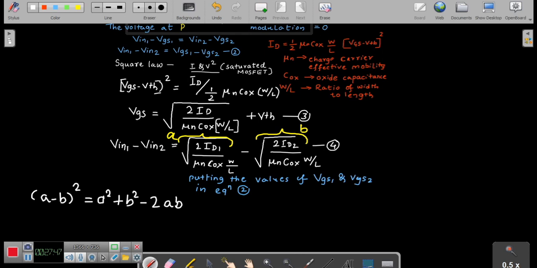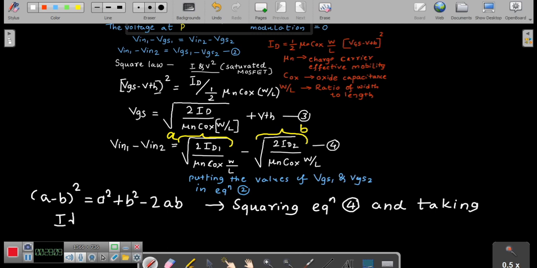Now I will just write here, squaring equation 4 and taking ID1 plus ID2.